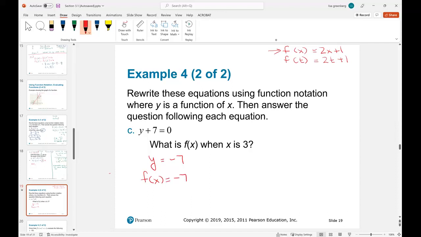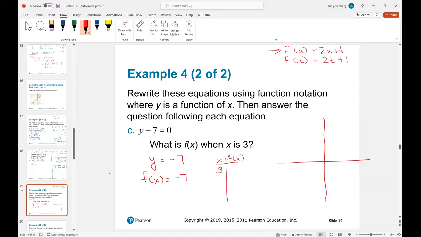So now let's take a look and see what happens. Let's put a little chart here. Actually, let's do a graph and a table. Okay. So when x equals, let's say x equals 3, what is y equal? Because that's what it's saying. What is f of x, what is y or f of x when x equals 3?